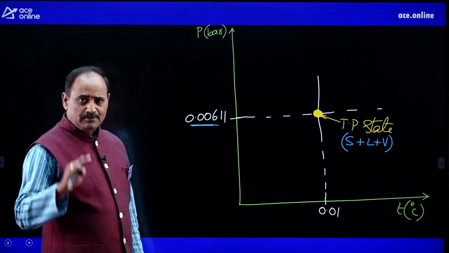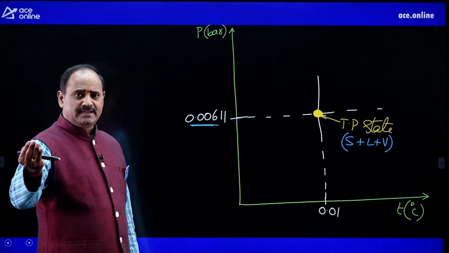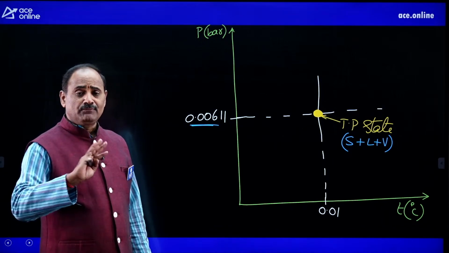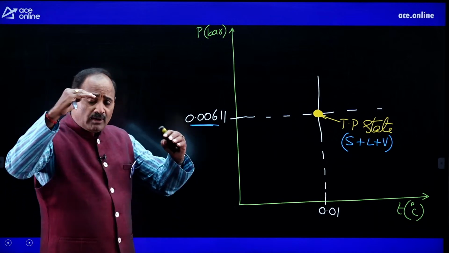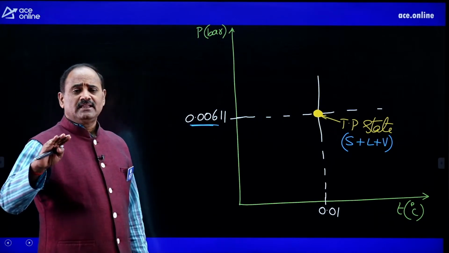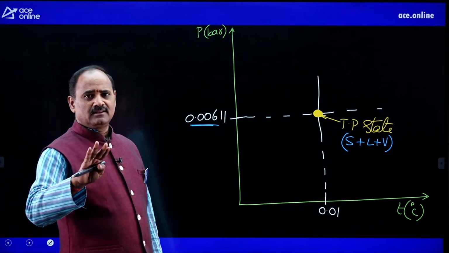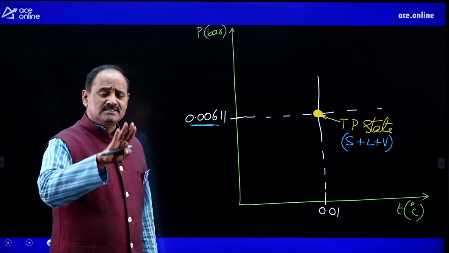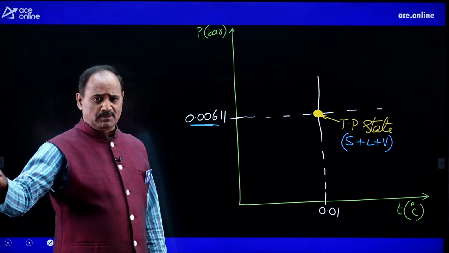Below triple point state pressure, the material may be available either in solid state or vapor state. Liquid phase cannot be found. Now, whatever phase change process occurs below the triple point state is called either sublimation or desublimation. Sublimation means the direct phase change from solid to vapor.